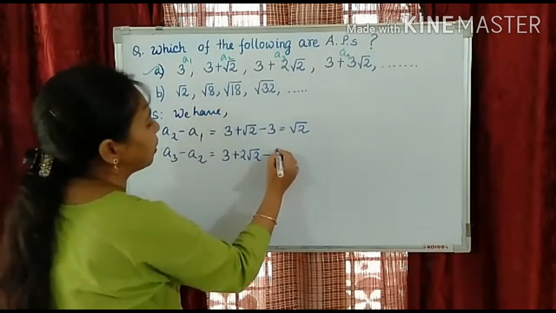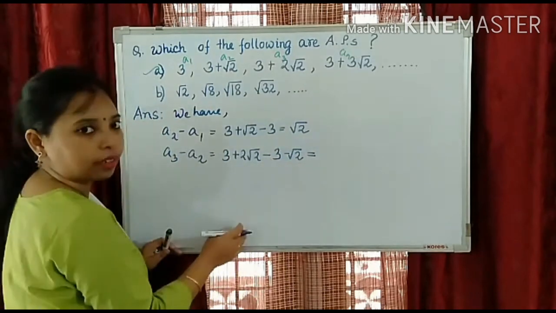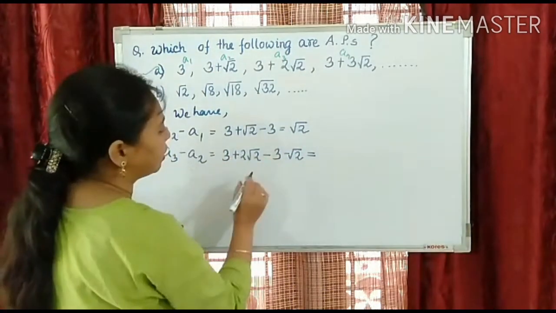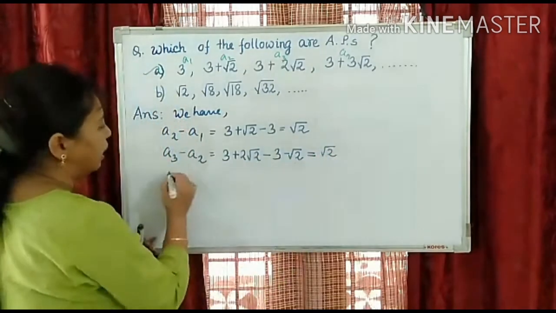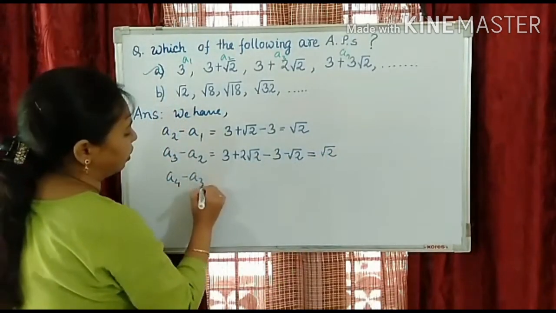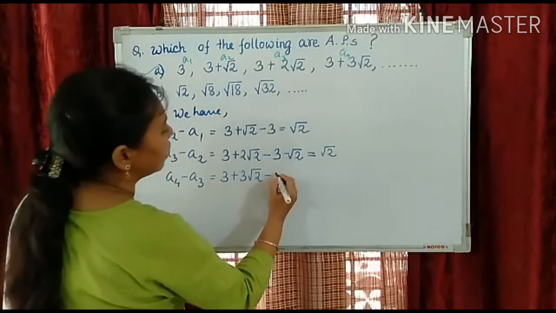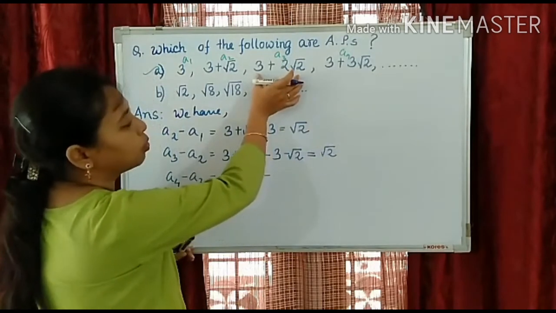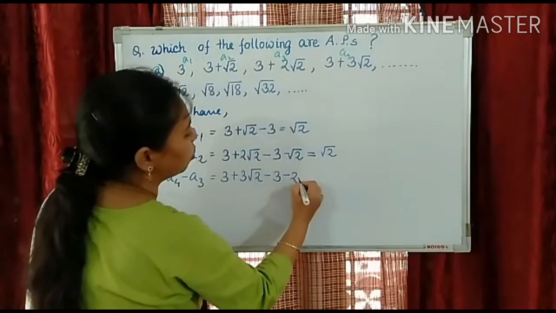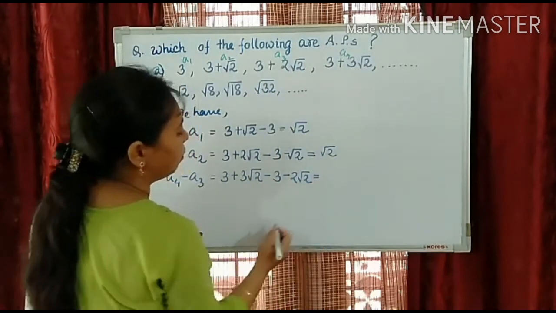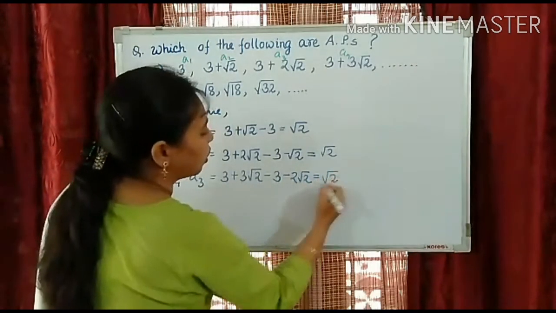After opening the bracket it becomes minus 3 minus root 2. Then 3 will cancel, 2 root 2 minus root 2 will be again root 2. Then A4 minus A3: 3 plus 3 root 2 minus, in bracket, 3 plus 2 root 2. If I open the bracket, it will be minus 3 minus 2 root 2. Again 3 cancels, 3 root 2 minus 2 root 2 will be root 2, and so on.